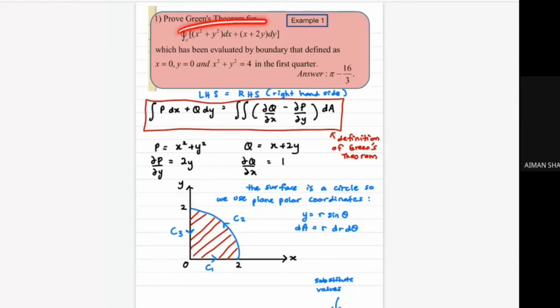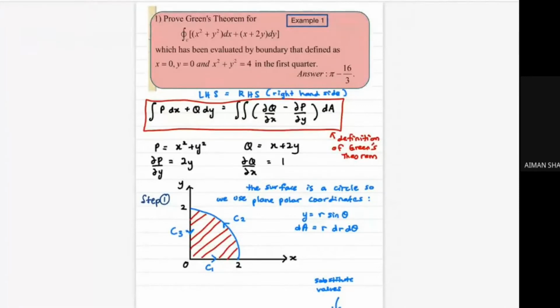Prove this, which has been evaluated by the boundary defined as x equal to 0, y equal to 0, and x squared plus y squared equal to 4 in the first quarter. Remember, step number 1 is to sketch your region or your figure.